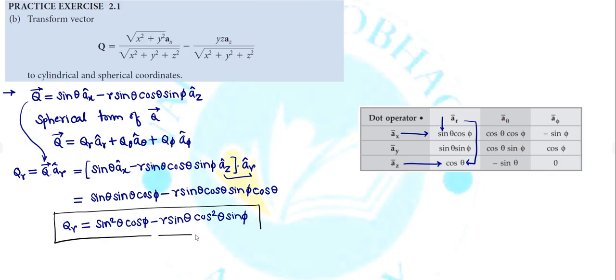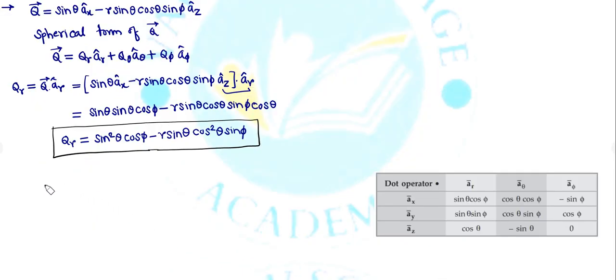Now in a similar way, we are going to find out the components along theta and phi direction by making use of this table. Next we are going to find out what is that Q theta. So Q theta will be what now? Your given vector Q having the dot product with the unit vector along theta direction, that is a theta.